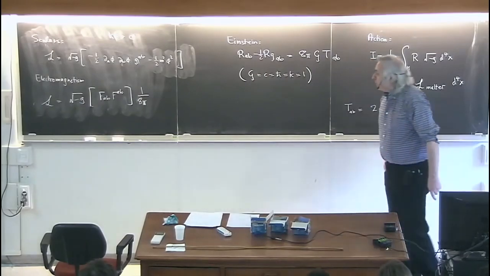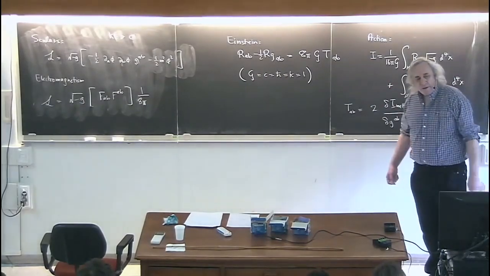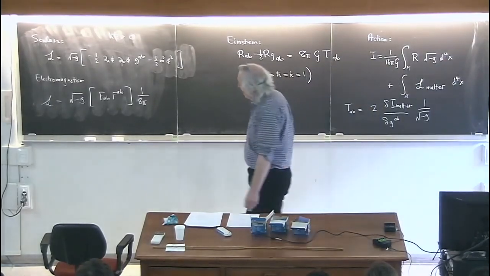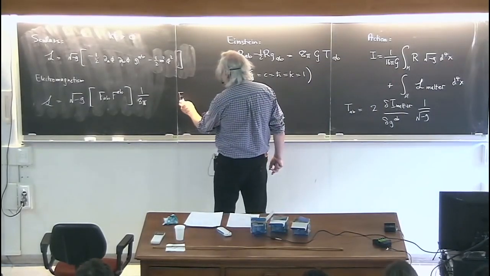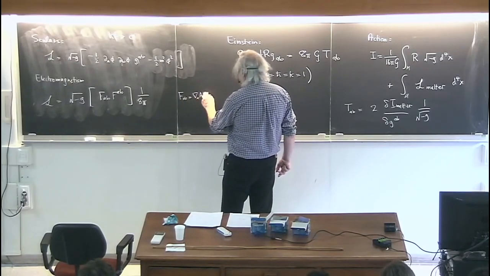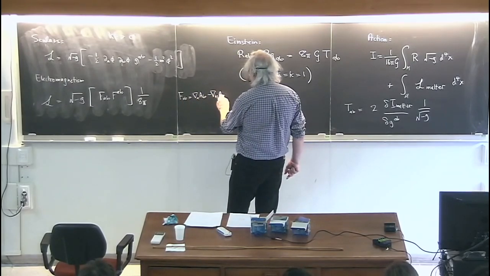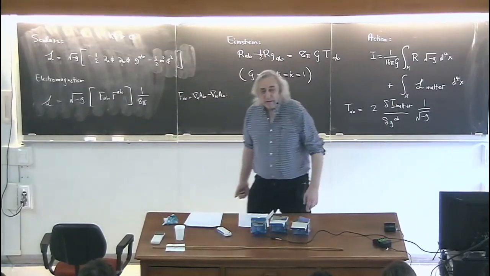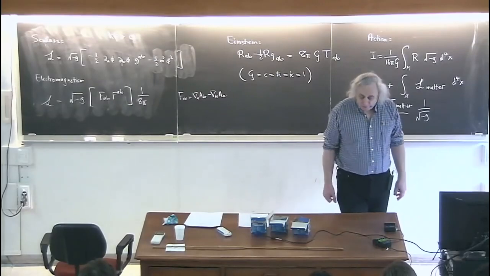So that's really, I think, the only things that we're going to be directly interested in the near term. F_AB, of course, is just equal to the skew derivative of the vector potential. So I think that's really all I want to say about conventions.